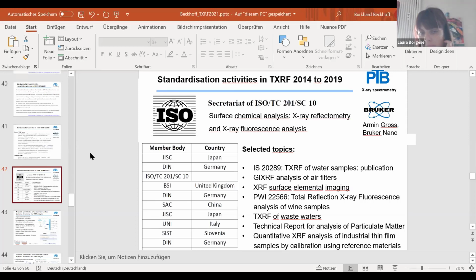We can find a way to tell him who is the reference person for his country. And that would be also a positive thing, because ISO is looking for other countries to participate in the development of standards. And it would be an official way also for being part of the standard development.